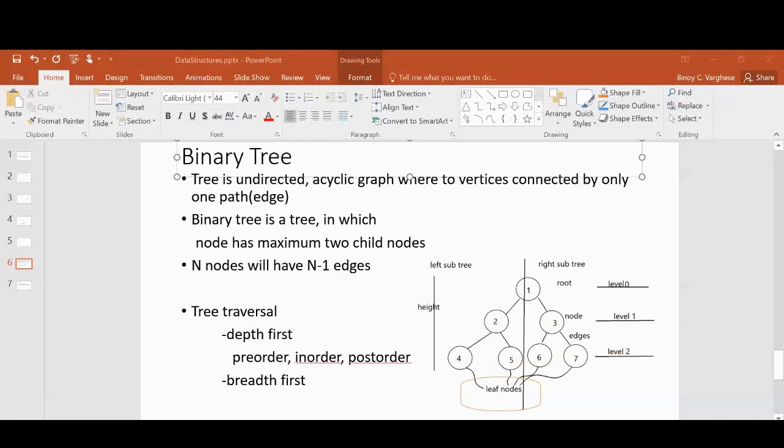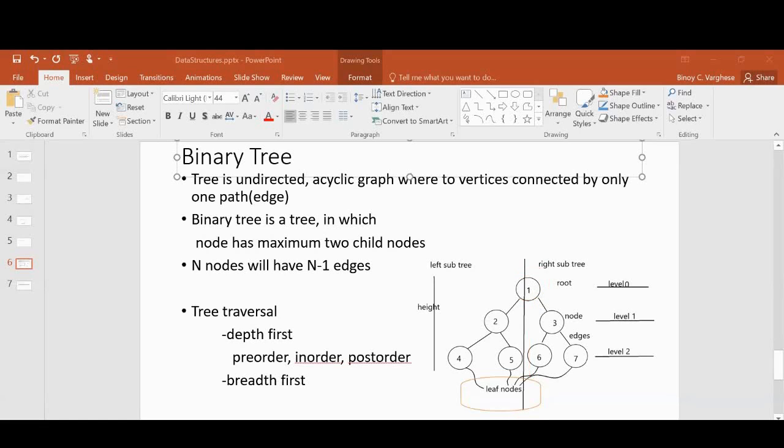Then another terminology we use is the height. What is the height of the binary tree? The height of the binary tree is measured from the root to the bottom. That is, the height is the longest path from the root to the deepest child.